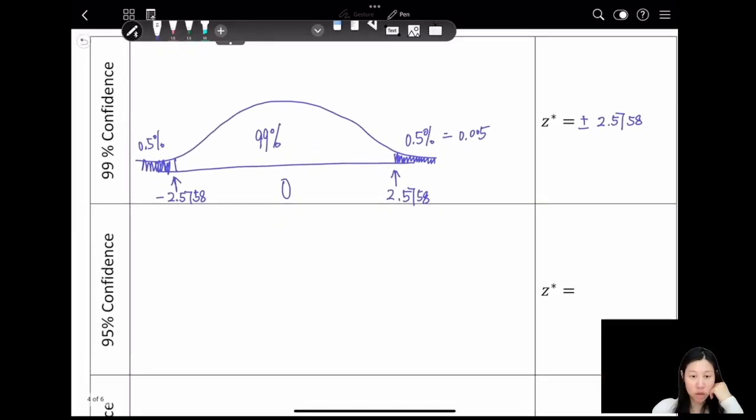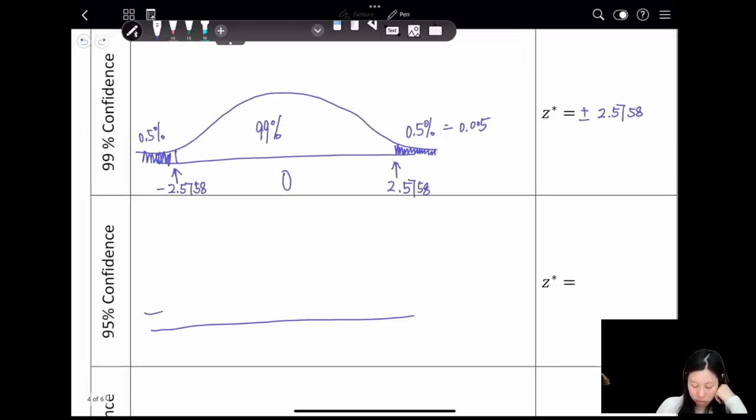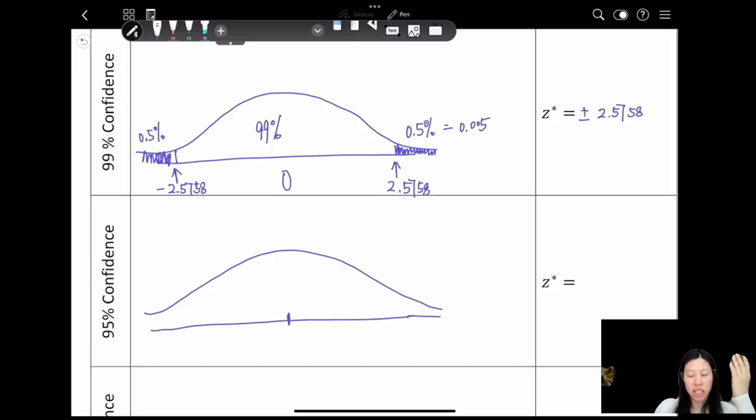So similarly for 95% confidence interval, again, we want the middle part. We want to use the standard normal distribution because that's the easiest one. The center is going to be 0. Each standard deviation would be 1, positive and negative 1, and then 2, positive and negative 2.